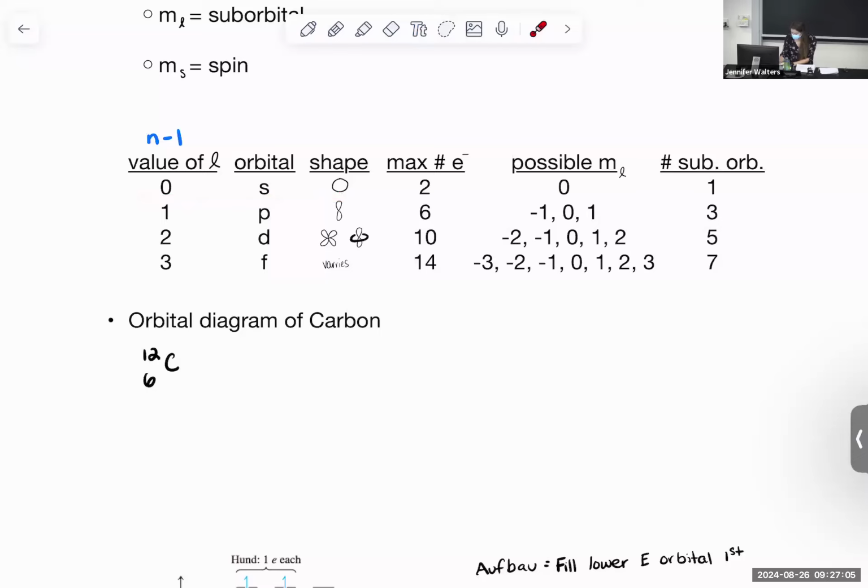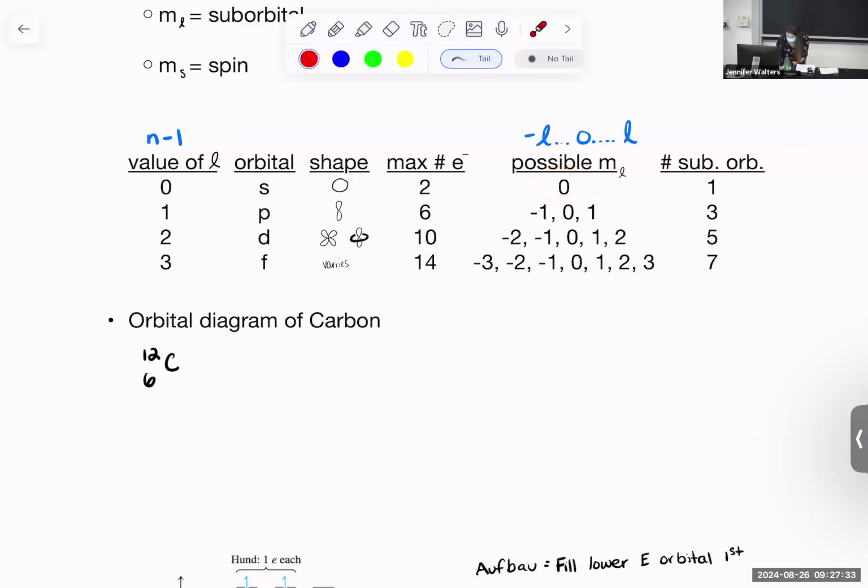You can only have a maximum of 2 electrons. The only m sub L value possible is 0, because our m sub L is negative L to 0 to positive L as the list of integers. So the number of suborbitals is 1 because there was only one m sub L written, right?